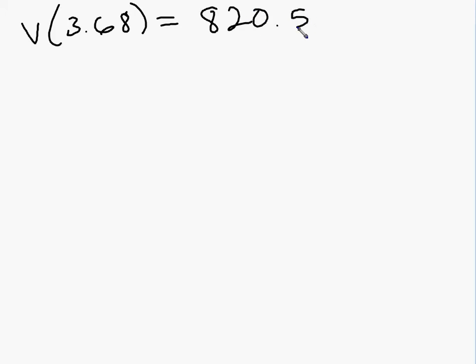So if I wanted to find V of 3.68, I'm going to tell you what that is, save us some time. It's 820.53 cubic inches, and that would be my maximum volume on that box. All right? Let's look at another example.